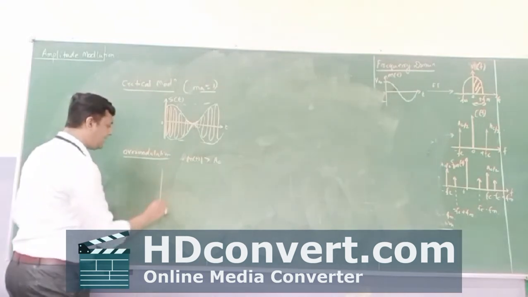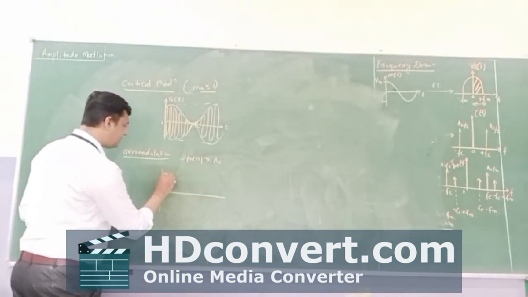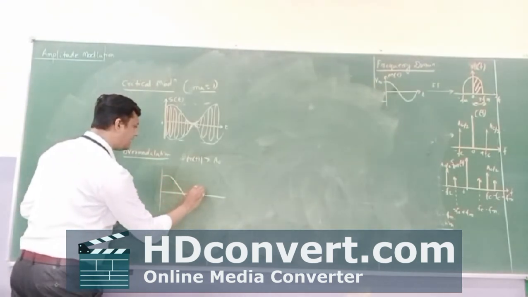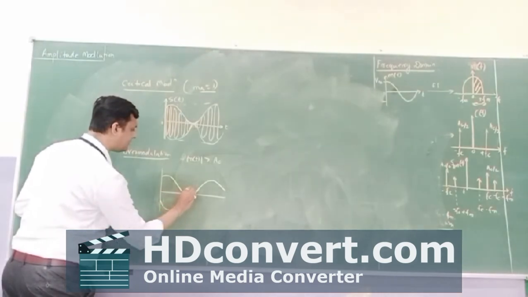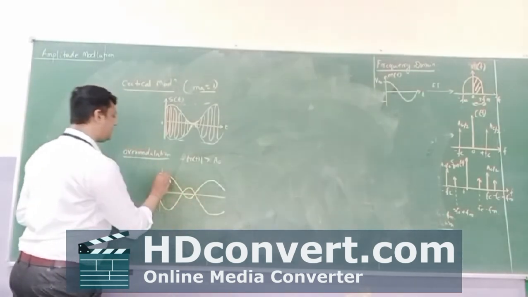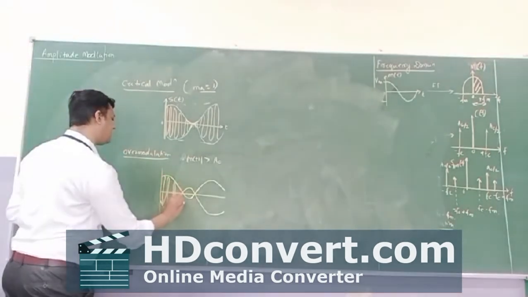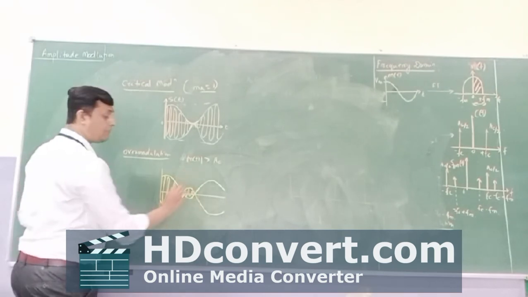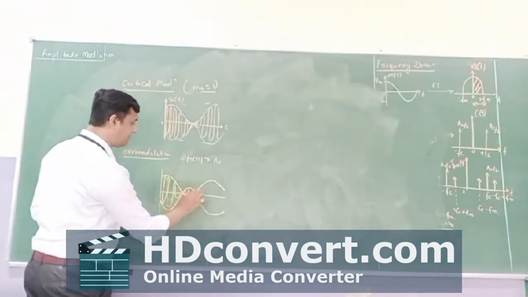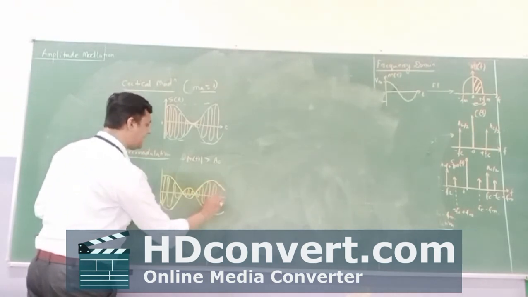Now in that case, you can see at the zero crossing, points will be identified like this. The carrier is available at this particular point, but here what happens? There is a phase change, but the frequency remains constant. If there is a phase change, it will create noise.